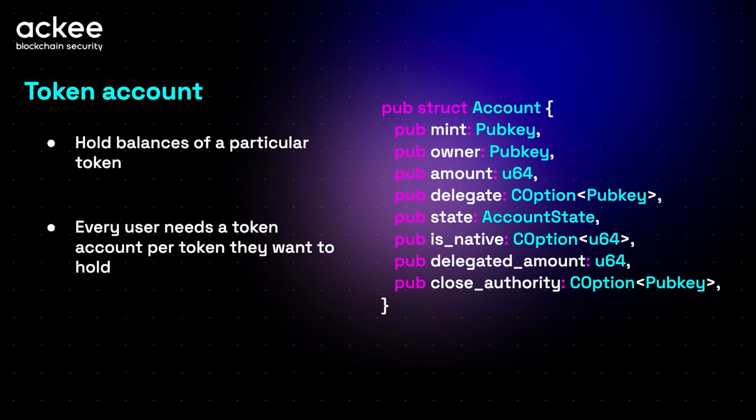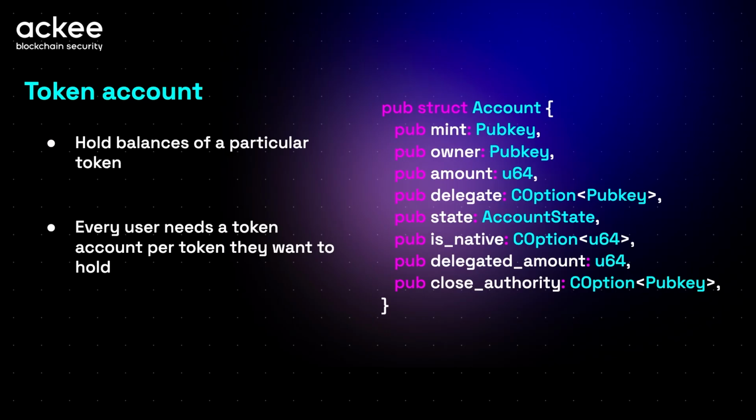Then there is a state field which tracks whether the account is initialized, uninitialized, or frozen. The isNative field is pretty interesting because it tracks whether the account holds wrapped SOL.